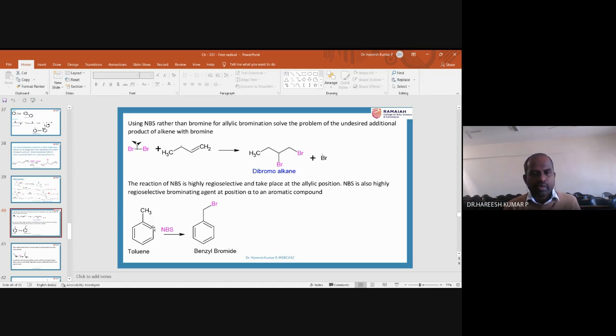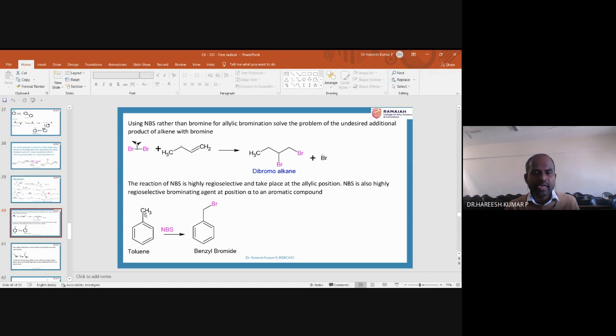What is the difference between this vinylic hydrogen and the hydrogen attached to a benzene ring through a carbon? This proton is again called an allylic proton.